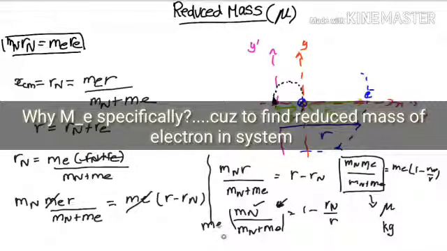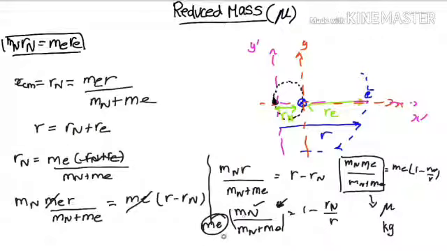So I must multiply by the mass of the electron in order to get a unit. I multiplied here by the mass of the electron in order to get a unit. Okay, this applies for all other factors in modern physics and can be applied in real life.